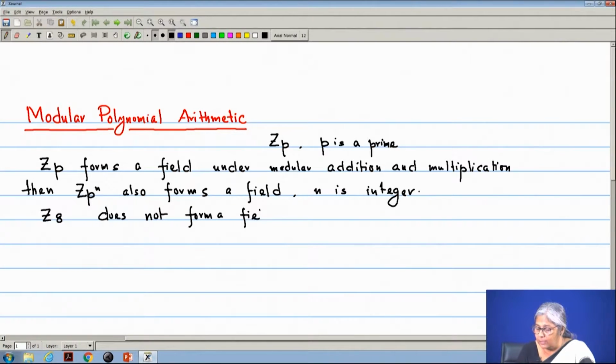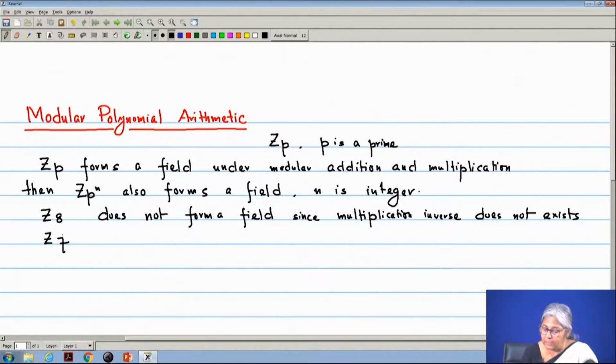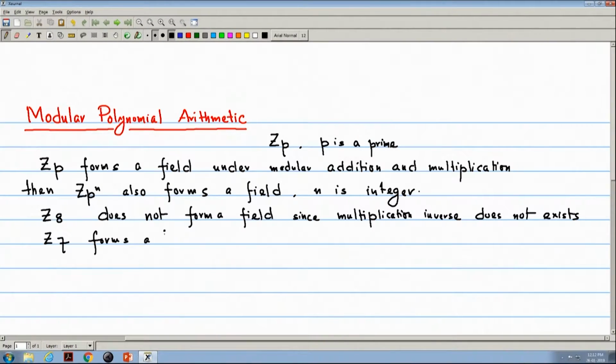It is a ring, but since the multiplicative inverse does not exist for all elements of Z8, whereas Z7, that means p equal to 7, forms a field.